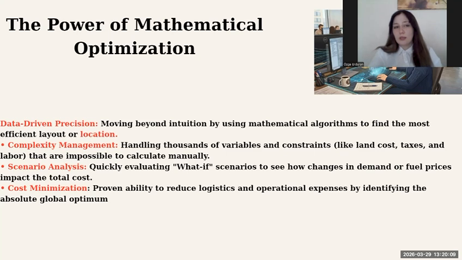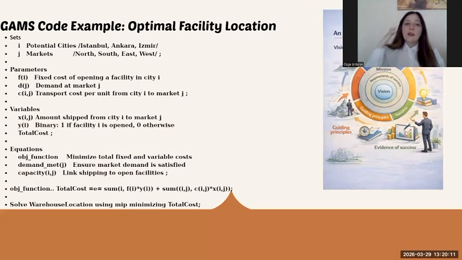On the next slide, we will see an example of optimal facility location. As you can see, here we define our potential cities and the markets as sets, and we input parameters like the fixed investment costs and transport expenses.